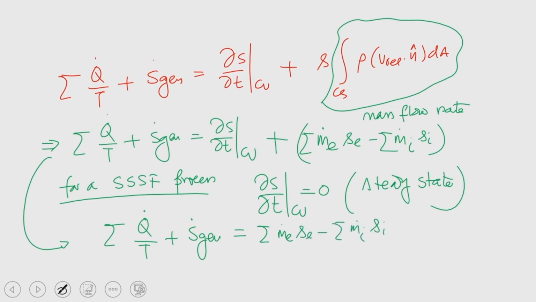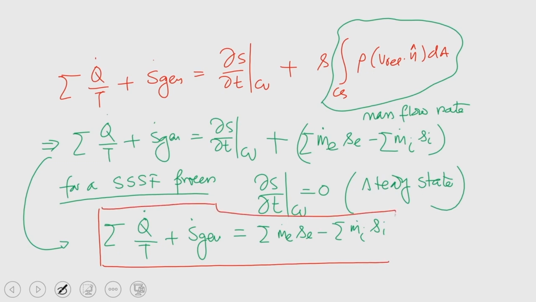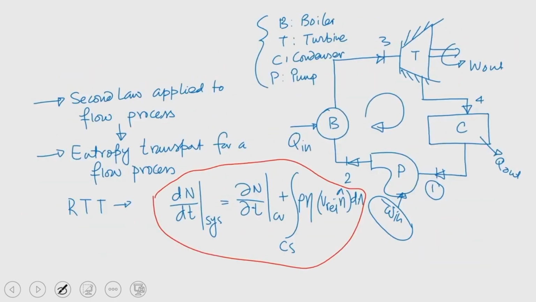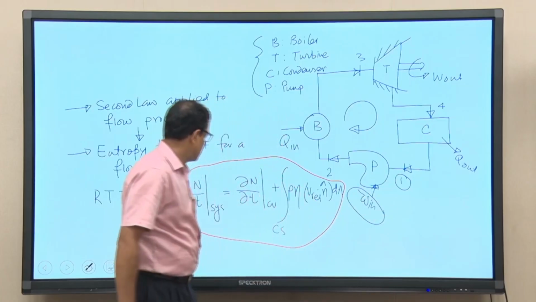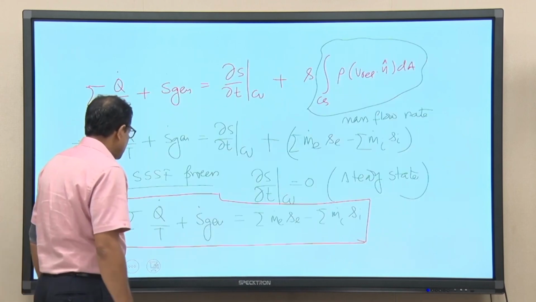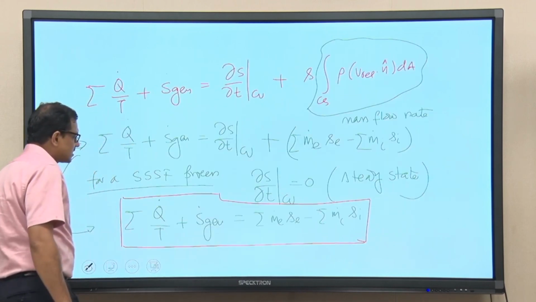This is the equation which we shall apply along with the first law of thermodynamics to obtain the amount of work that should be added to the pump for the operation. Okay. So, next we can discuss two different processes.